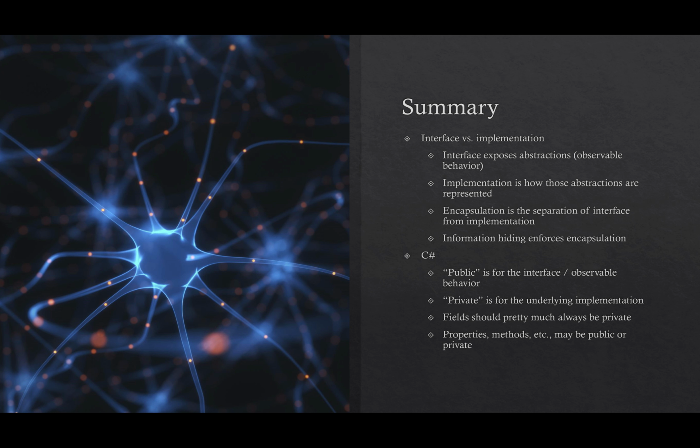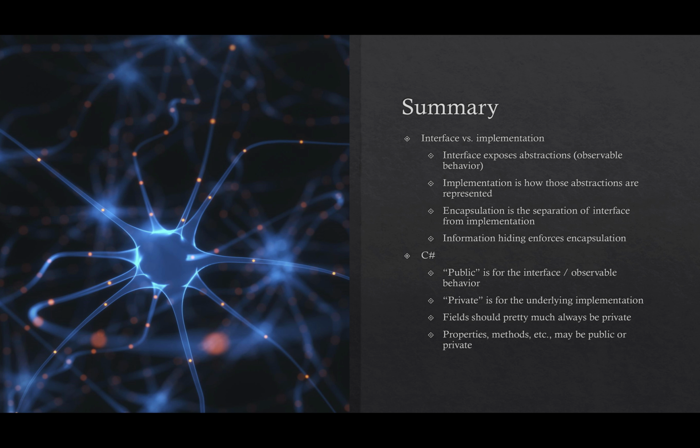Information hiding, which is the public and private that we've been talking about, is how we enforce encapsulation by ensuring that only the internal implementation of the class sees that raw low-level representation, and the users of the class only see the public abstractions that you have made part of your interface.